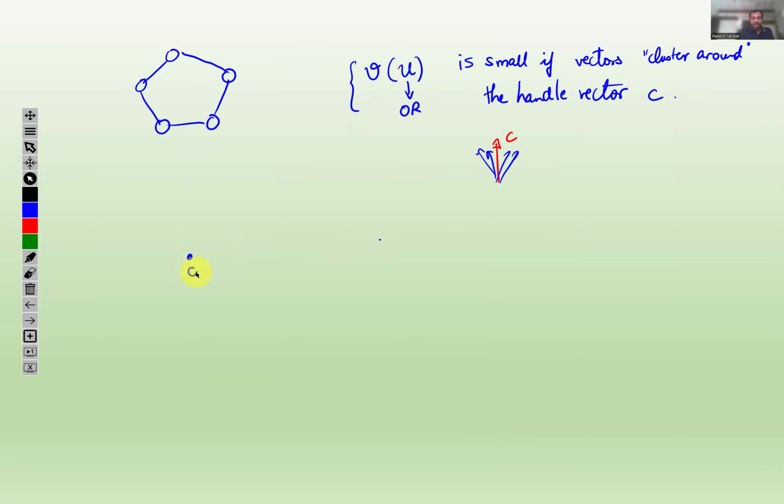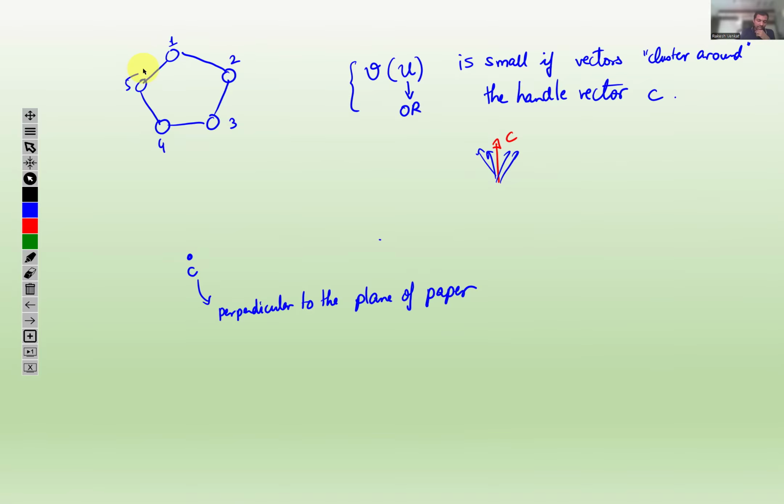So when I see it like this from the top, I just see a point, C. Now, suppose I label the vertices 1, 2, 3, 4, and 5.